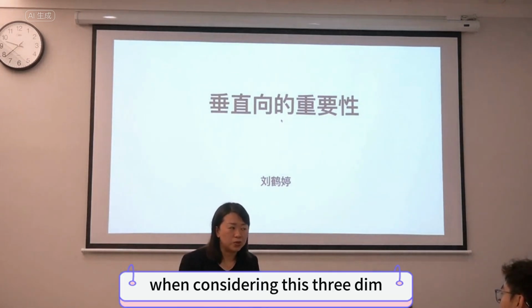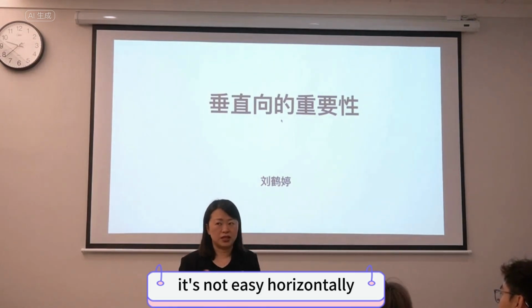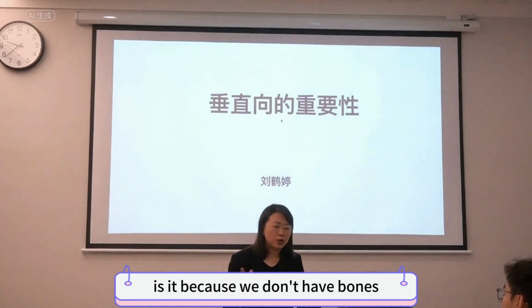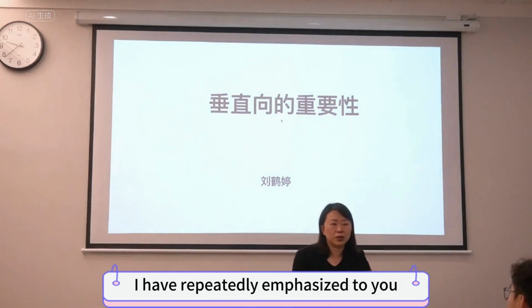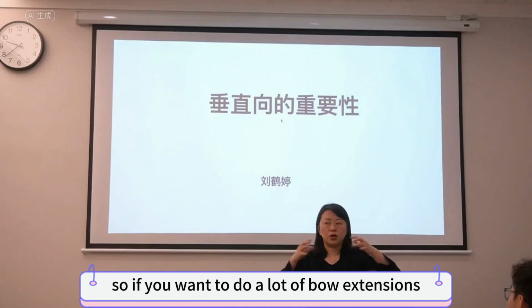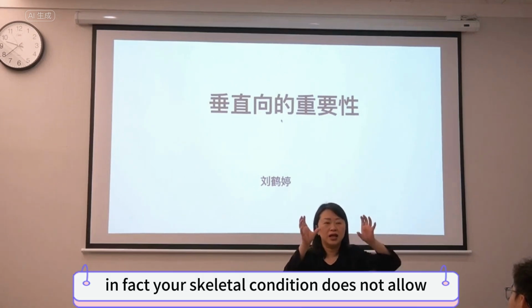When considering these 3 dimensions, the hardest part is the horizontal. It's not easy horizontally. If you have a lot of lateral difference, is it because we don't have bones? I have repeatedly emphasized to you, the horizontal is actually boneless. So if you want to do a lot of arch expansion, or a lot of arch shrinkage, in fact, your skeletal condition does not allow it.